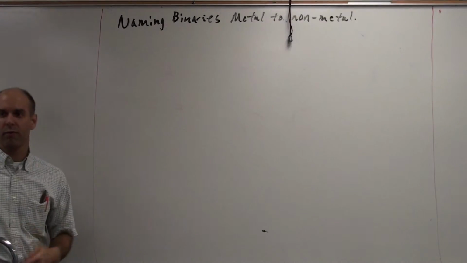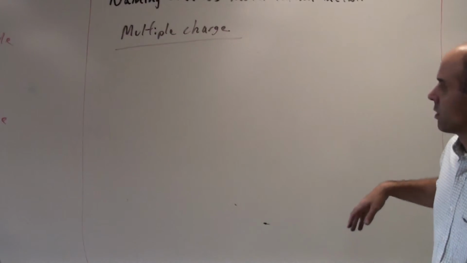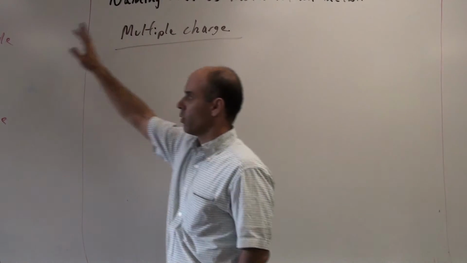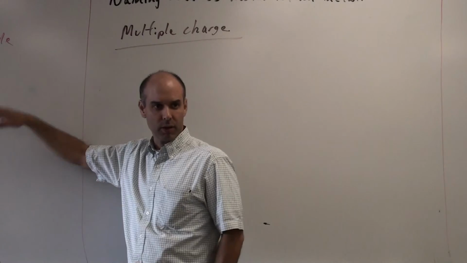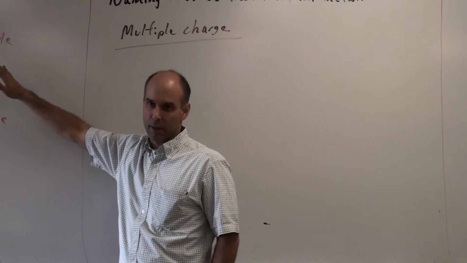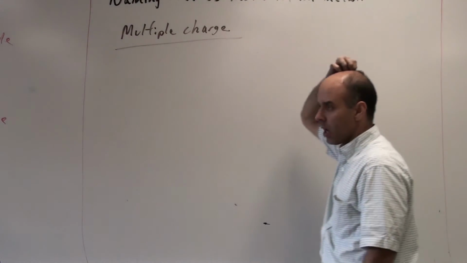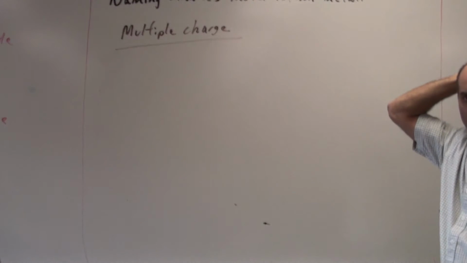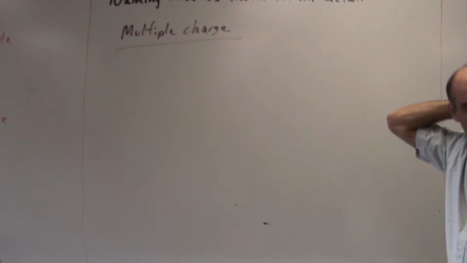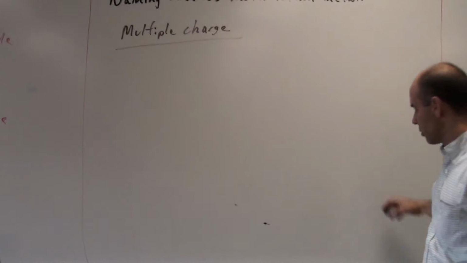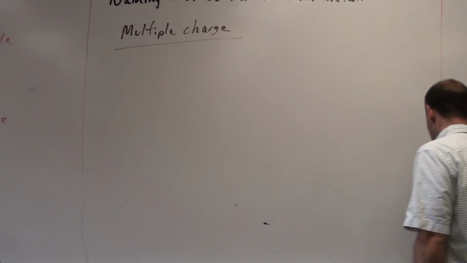When you are using Roman numerals, that's the IUPAC method. Okay, that's the official method of naming metals to nonmetals. But there is an older system that still a significant number of chemists use. And so you need to be aware of this. It's based off of the Latin names.